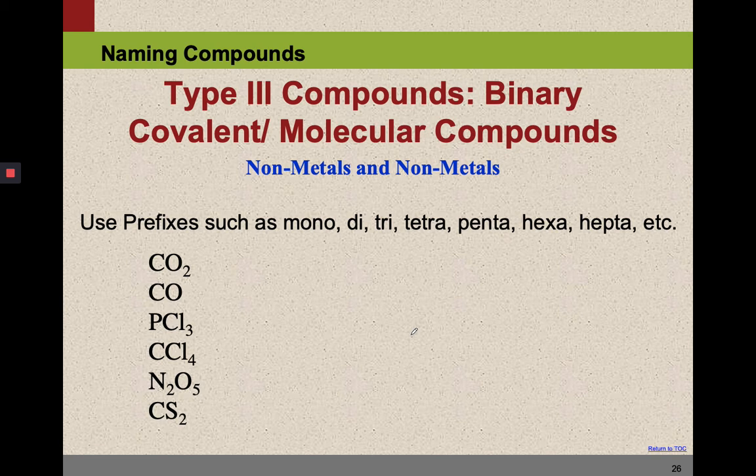So that gives us carbon dioxide. The second example is the one where mono is used, so carbon monoxide. Since there are two O's together, we just drop the second O. So you do not say monooxide, but monoxide, carbon monoxide.